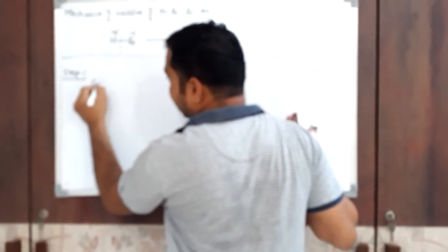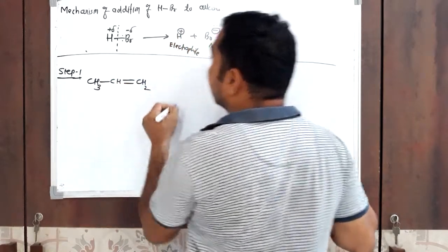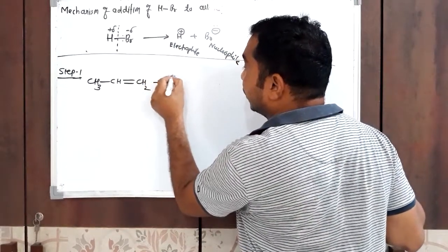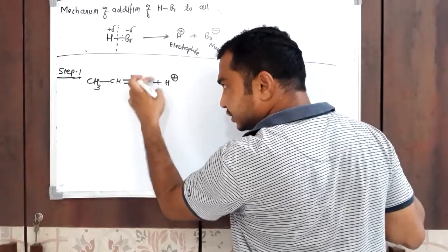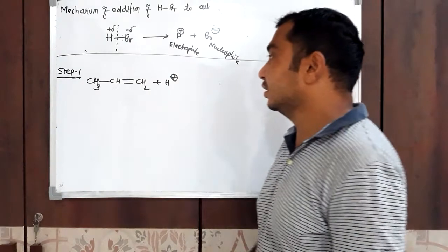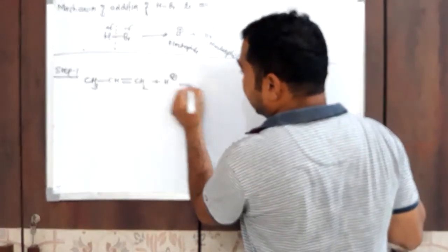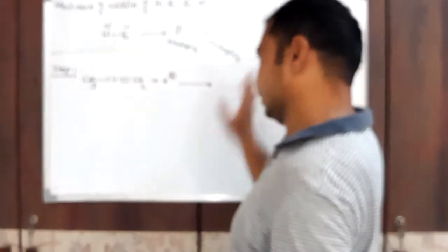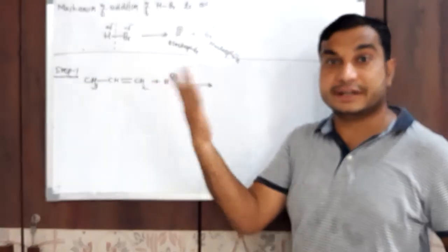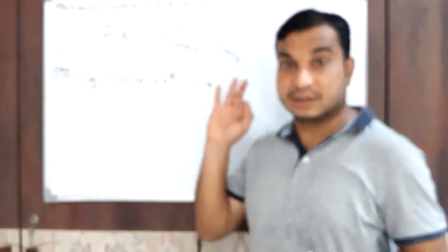In this step 1, this propene molecule CH3CH=CH2 reacts with electrophile H plus, because the electron density is maximum here due to presence of the double bond. Therefore, this reacts with H plus, not Br minus. So among this HBr, H plus adds or attaches to the reactant first. Therefore, this reaction is nothing but electrophilic addition reaction.